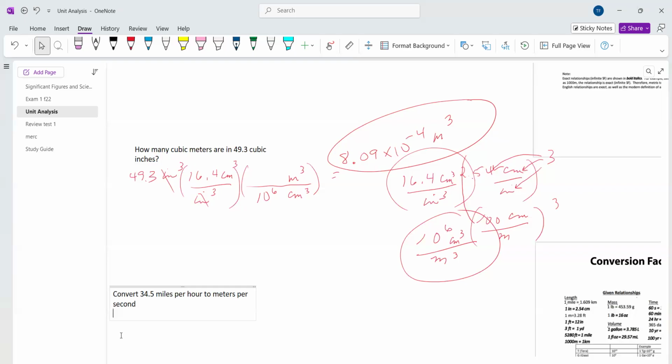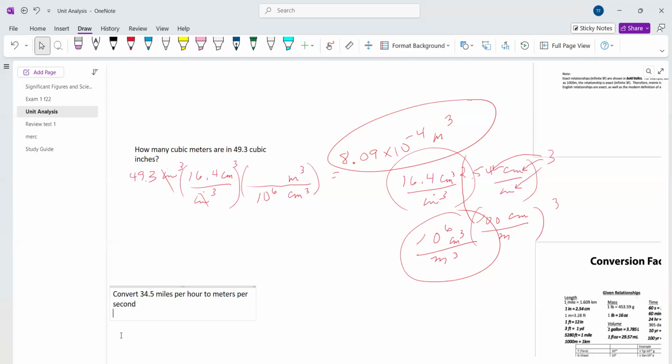Okay, yeah. So, if I understand it correctly, when the units cancel out, you just ignore the first square, and then you only cube the rest. And so it only matters when the units don't cancel out. So, for example, the 49.3 times the 16.4, and then when it comes to the meter cubed, and the centimeter cubed and the other centimeter cubed cancel out, you still cube the result.